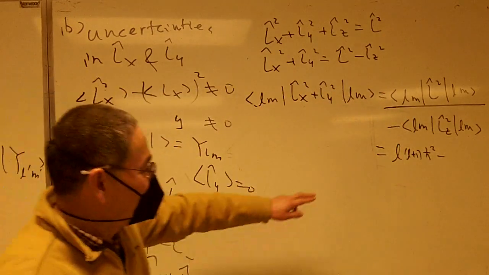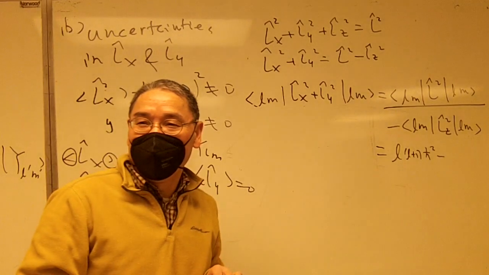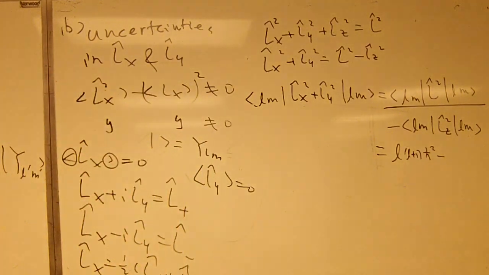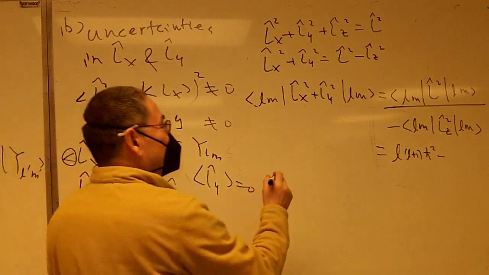Tell me, what about the second term? What is this term going to give us? Lz squared, what will it be? Hbar squared times 0? No, I have an m there. m hasn't been determined yet. Let me give you a little hint.